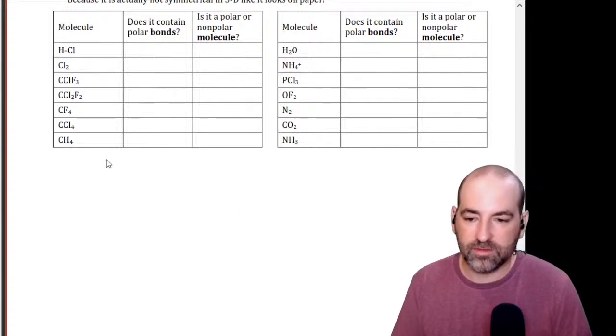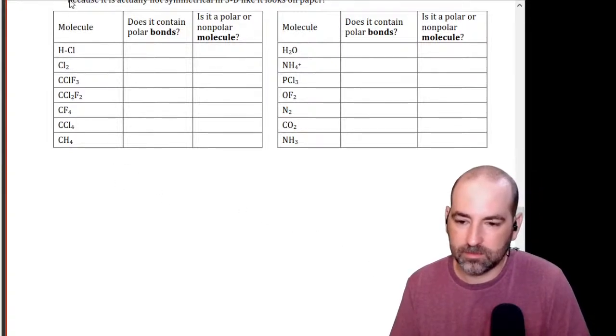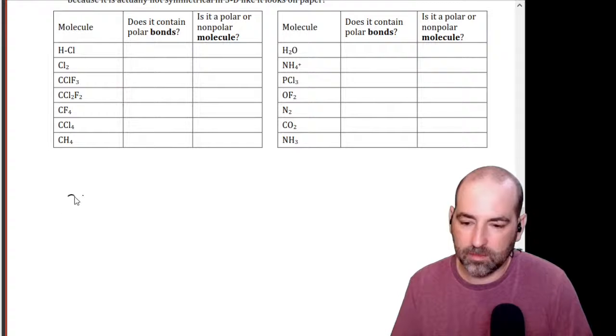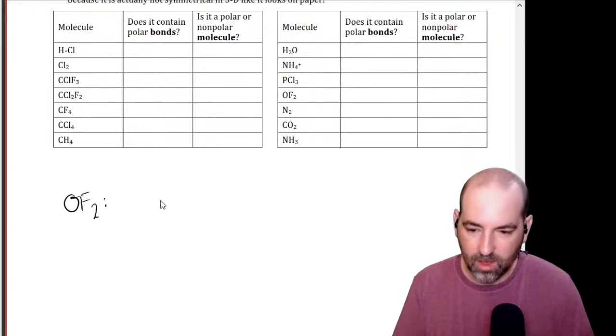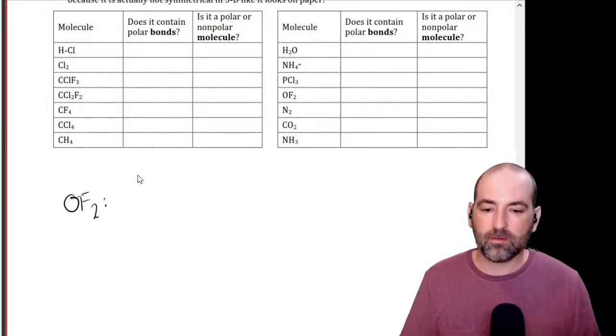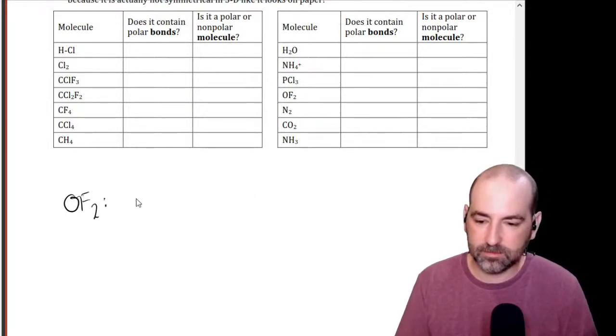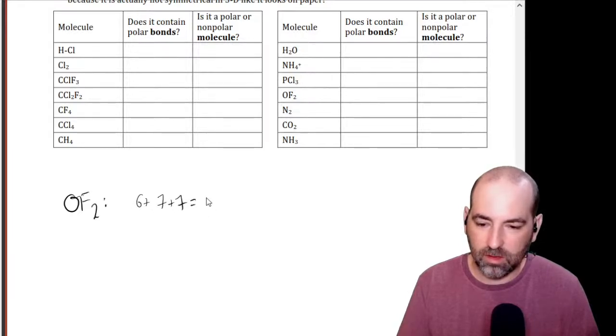So we'll look at OF2. All right, so we'll start from the beginning. We're going to get the Lewis structure. We count up the electrons, 6, 7, and 7, which is 20.